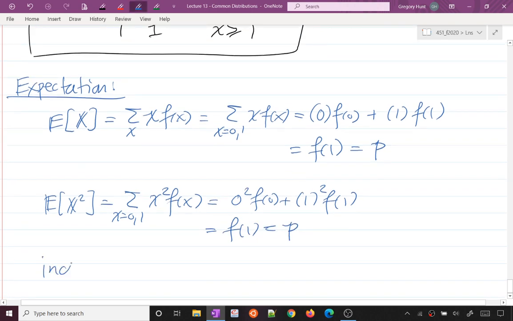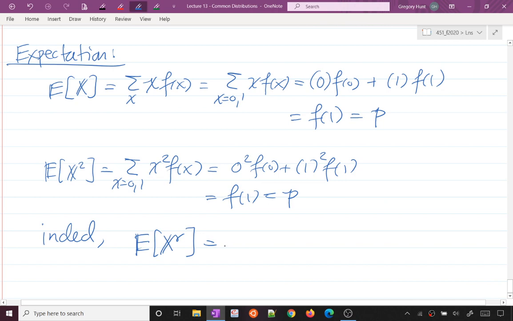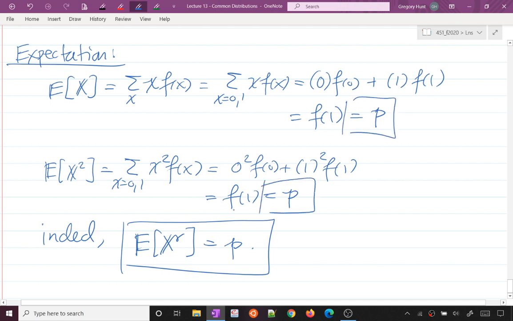And indeed, you could use similar arguments to show that all of the moments, the expected value of x to any power, is just going to be p. So all of the moments are p. So it's a really kind of simple distribution.